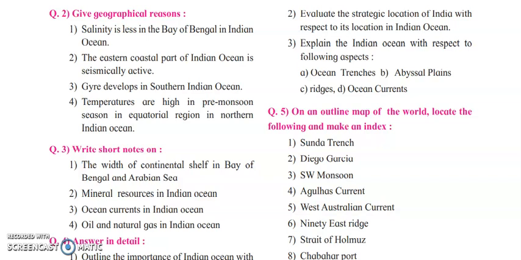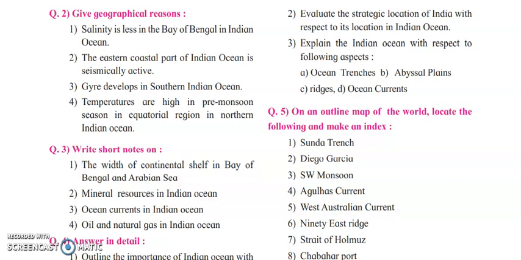Next is oil and natural gas in the Indian Ocean. Oil and natural gas resources are present in the Indian Ocean, and a large amount of hydrocarbons are exploited by Saudi Arabia, Iran, India, and Western Australia.